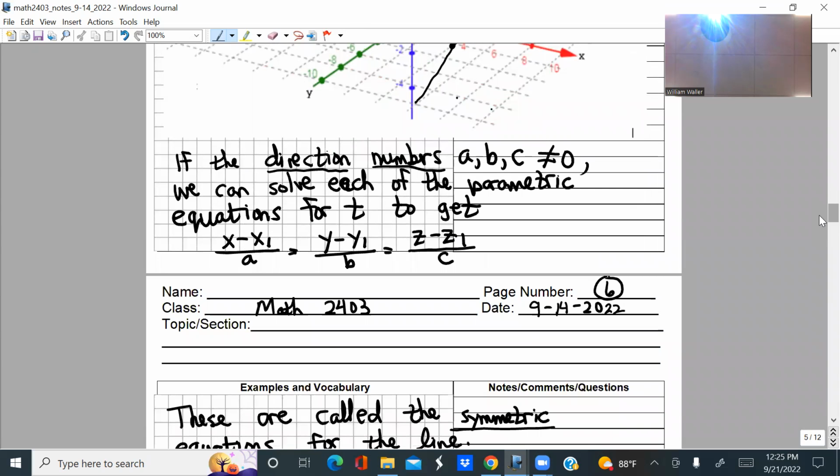In general, the symmetric equations for a line are (x minus x1) over a equals (y minus y1) over b equals (z minus z1) over c. a, b, and c are the direction vector components. x1, y1, z1 are some point. Remember, you need all three parts of the symmetric equations, just like you need all three parametric equations.